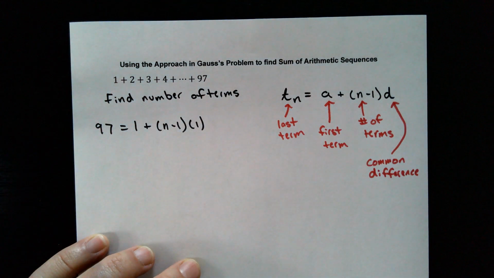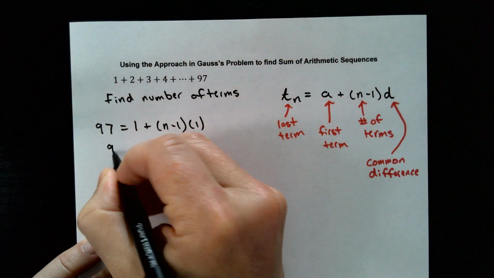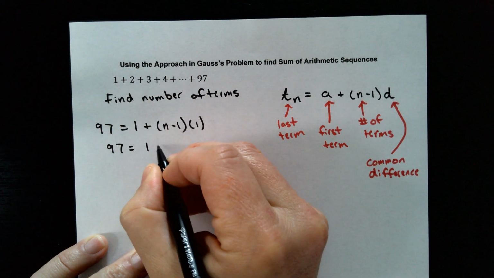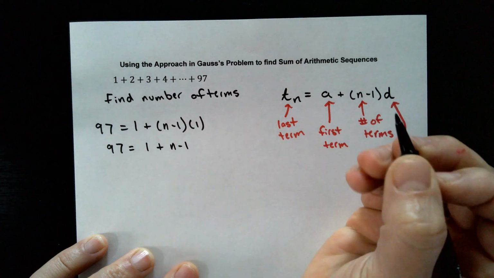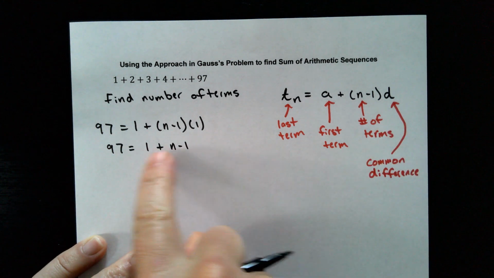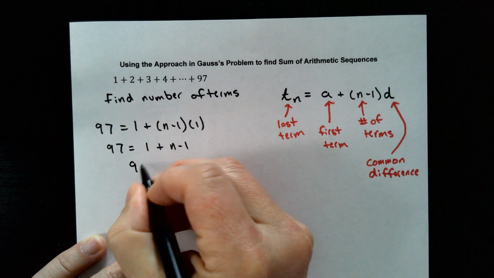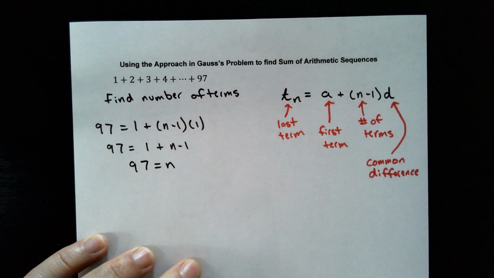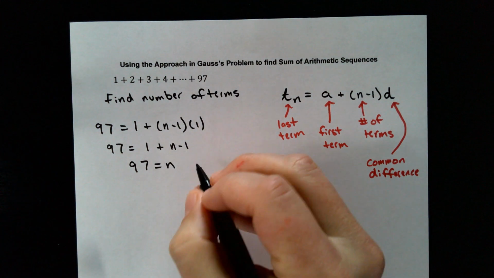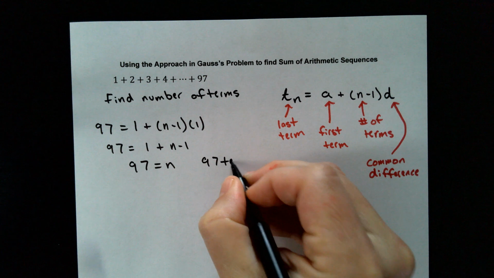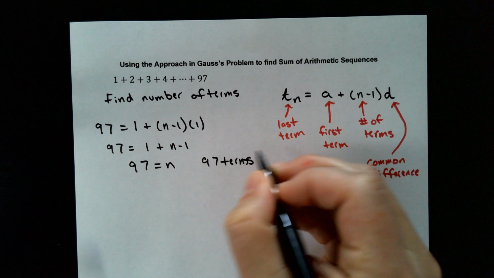On the next example, we will. On this one, we can just drop it. So it'll be 97 equals 1 plus n minus 1. Notice that the 1 and the negative 1 cancel, so we get 97 equals n, and now we know that there are 97 terms in this problem.